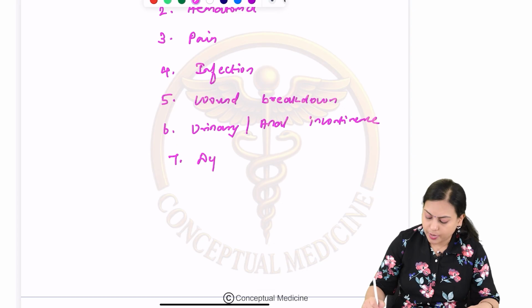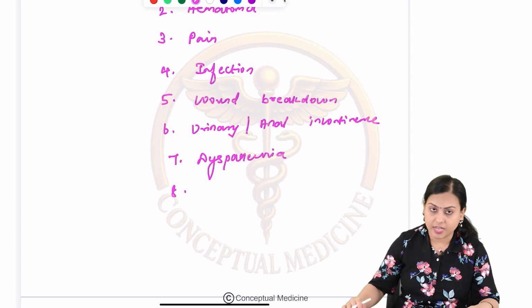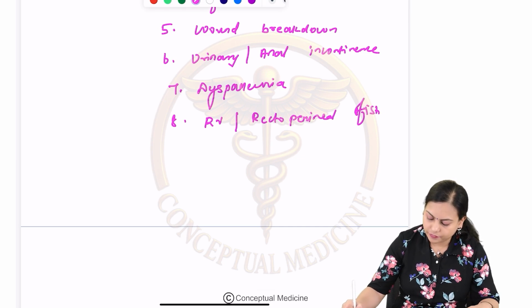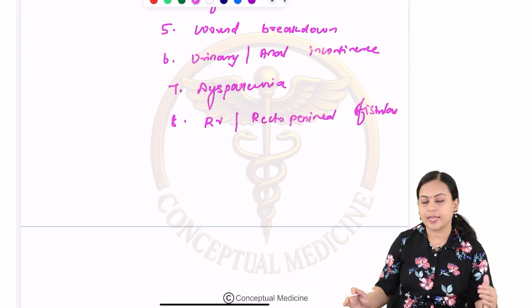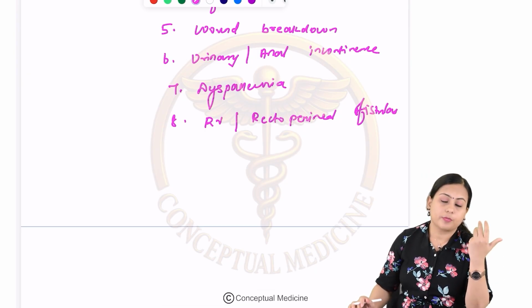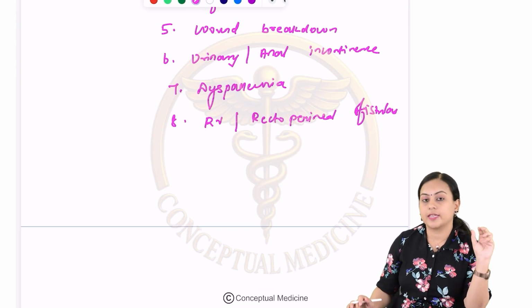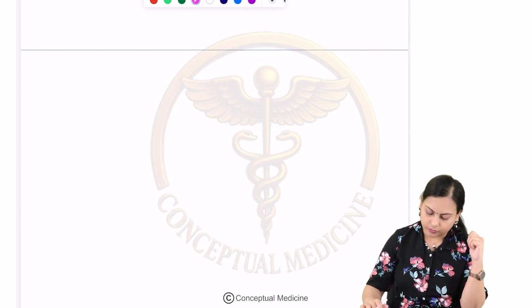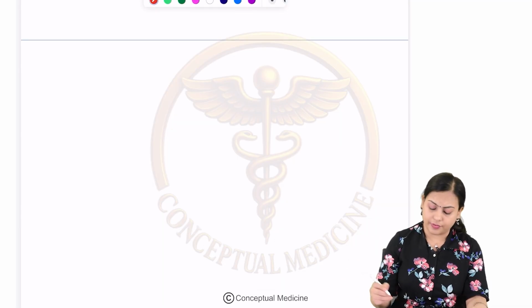There can be dyspareunia, or sometimes there can be chances of rectovaginal or rectoperineal fistulas as well. This can happen if the injury is unidentified or poorly repaired, especially in case of OASIS injury. Clear? Yes.